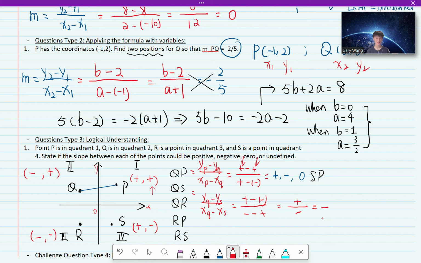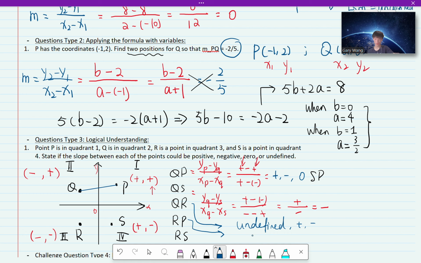The same approach can be taken to tackle QR, RP, RS, and SP. I will give you the answer directly, and you can try to derive and solve every one of them. For QR, we will have undefined, positive or negative.